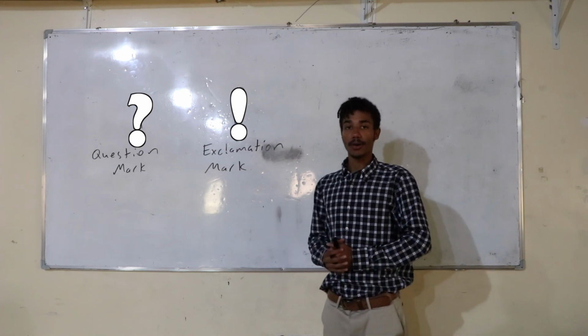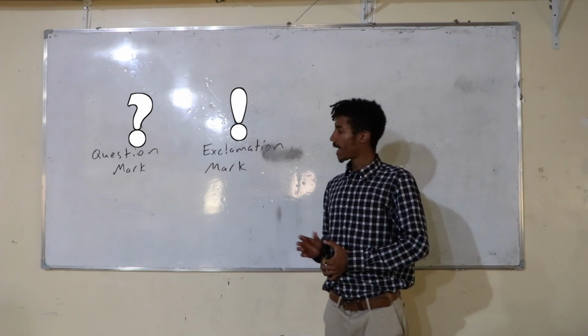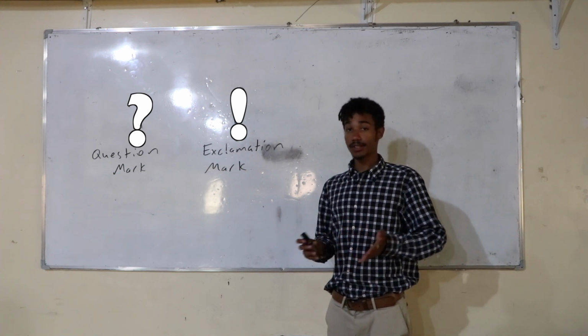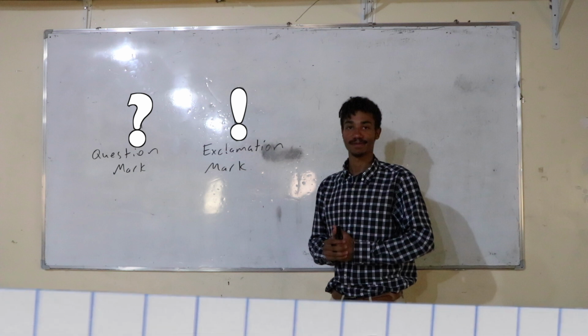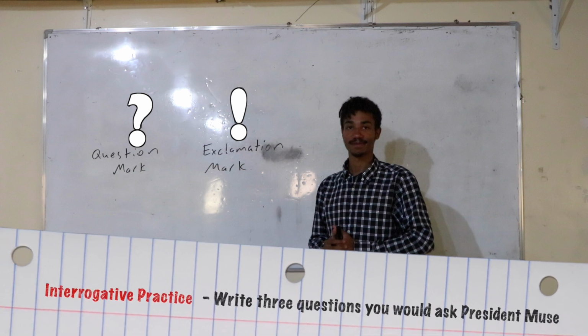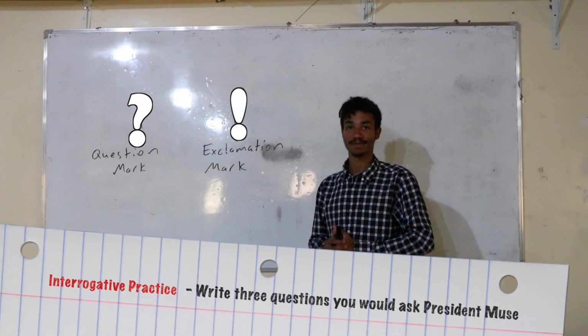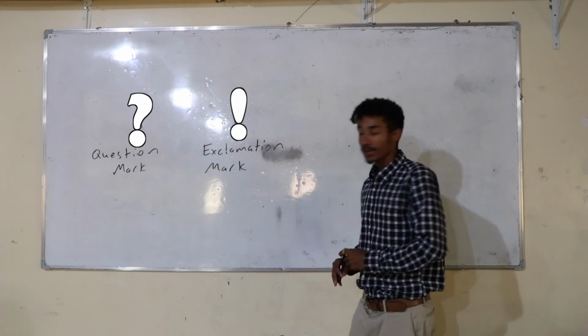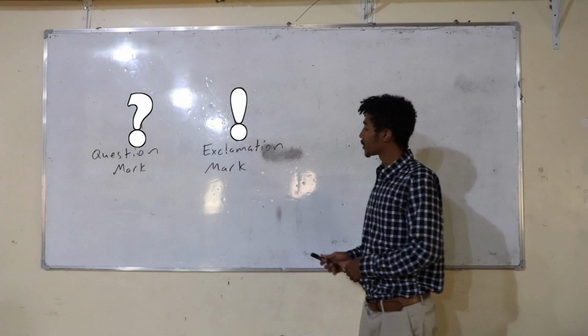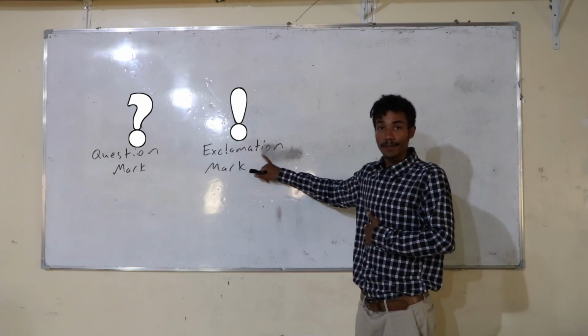Let's try some on your own. Take a moment and ask 3 questions to the President of Somaliland if he were in your house right now. Did he answer your questions? Awesome. Let's move on to the next symbol, which is an exclamation mark.